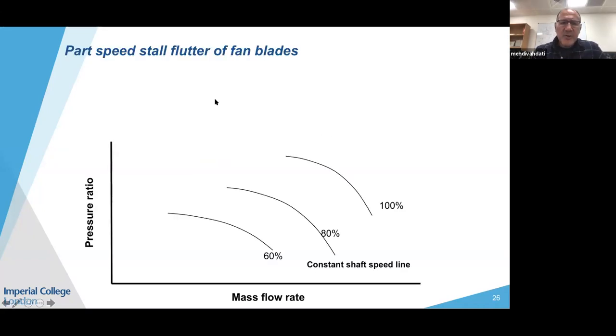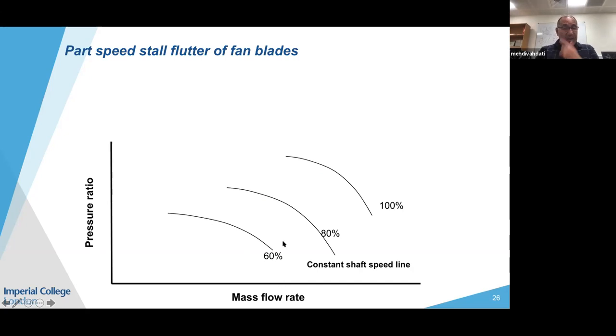I think you would all be familiar with a fan map, which has mass flow rate on the x-axis plotted against the pressure ratio. This is a common fan map, or if you think of it in terms of aerofoil, that's the negative angle of attack against lift of the blade.